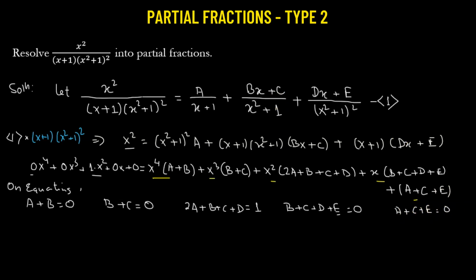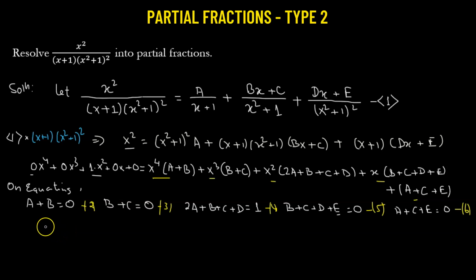Now clearly we have 5 equations: equations 2, 3, 4, 5 and 6. So we have 5 equations and 5 unknowns a, b, c, d and e, and we can solve these to obtain each of the values. This is a very simple exercise, so I'm leaving it as an exercise for you to try out.